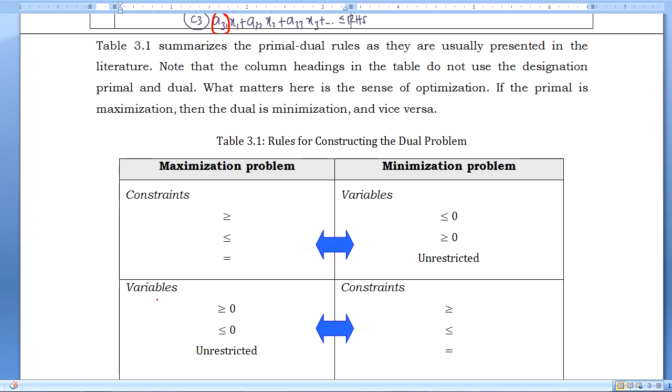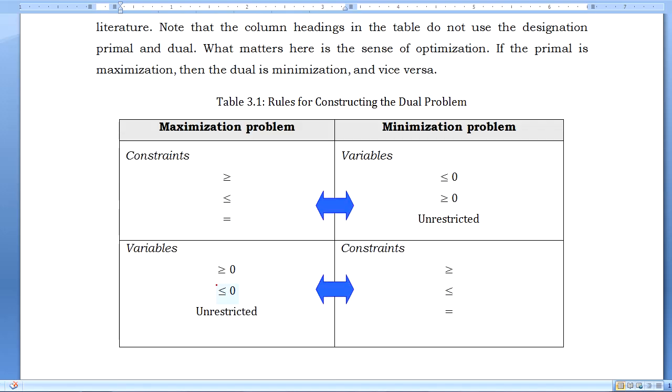For example, to write the sign restriction of the dual of a maximum problem, if the primal constraint is a greater than or equal to constraint, then the corresponding dual variable yi is less than or equal to 0. If the primal constraint is an equality constraint, then the dual variable is unrestricted in sign, or known as URS.